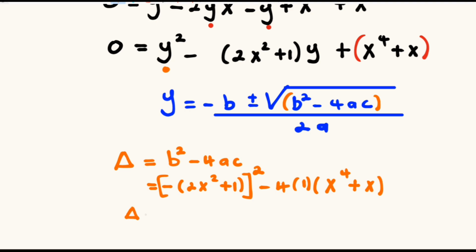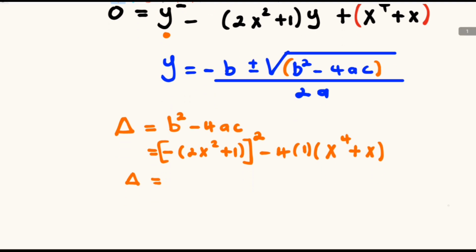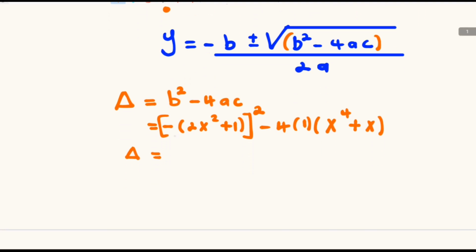Our discriminant will be equal to the negative squared will be positive, and the 2x squared raised to the power 2 will be equal to 4x to the power 4 plus the 2 multiplied by the 2x squared multiplied by 1, which will be equal to 4x squared, and the 1 raised to the power 2 will be equal to positive 1.